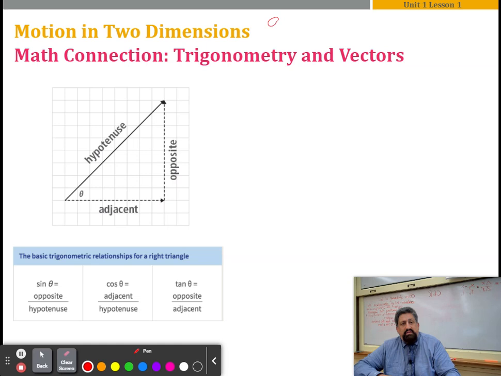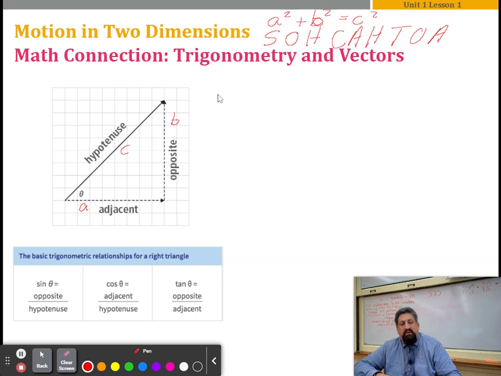The Pythagorean theorem says that in a right triangle, a squared plus b squared equals c squared, if this is a and this is b and this is c. Okay, you've learned that before. But then there's another concept which uses trigonometric functions, sine, cosine, and tangent. And as a review, you may have learned SOHCAHTOA.